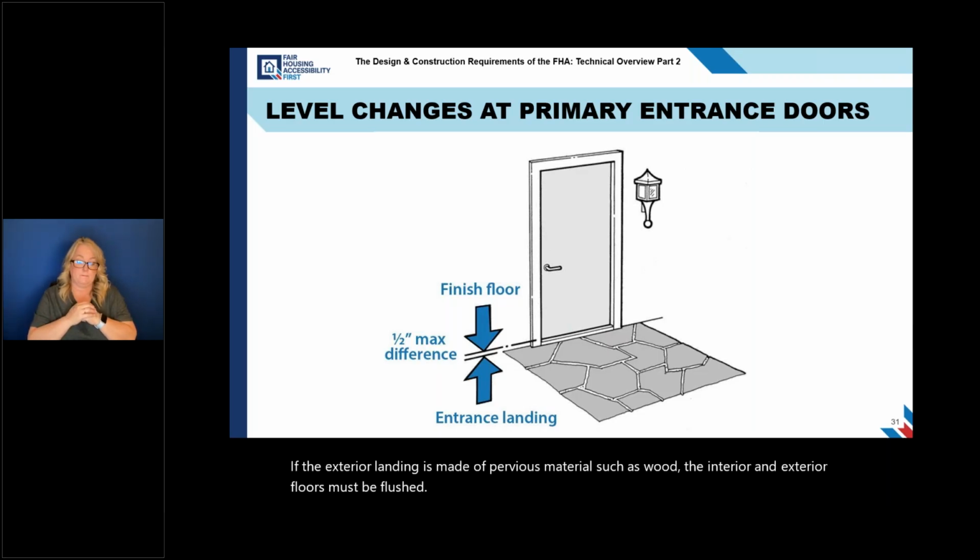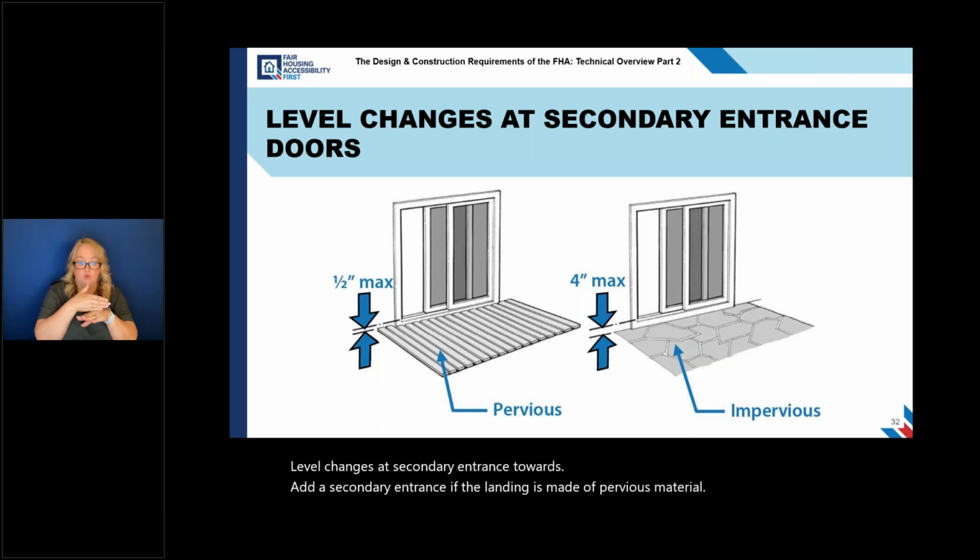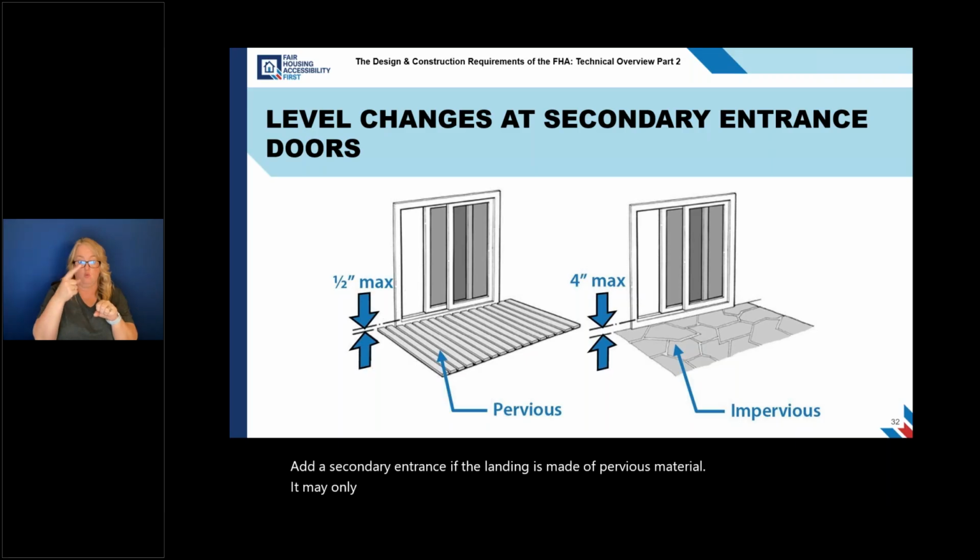Level changes at secondary entrance doors. At a secondary entrance, if the landing is made of pervious material, it may only be a 1/2 inch or less below the level of the finished floor.